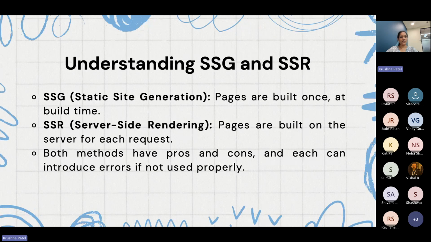Before moving to SSG and SSR issues, let's first understand what SSG and SSR are. In Next.js, pages are generated on the server side, and there are two different approaches that we can use as per our project requirement. The first one is SSG, which stands for static site generation.